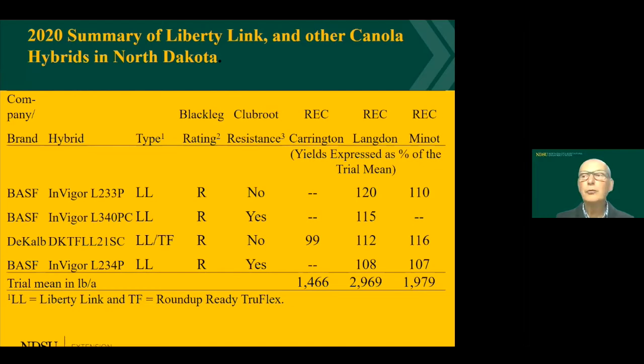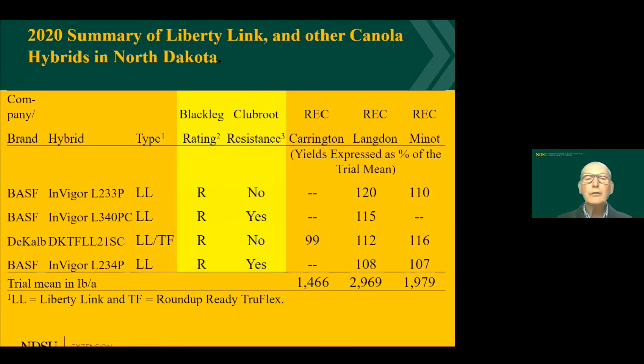In the booklet, I'm just going to give you a few examples of what type of information there is. So in the Liberty Link and other canola hybrids, we have a table which will indicate the type. But very important for selection is to know some of the resistance. And we're going to talk today also about diseases.